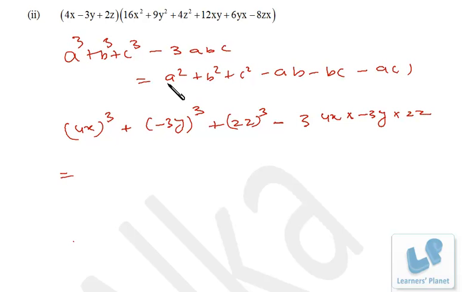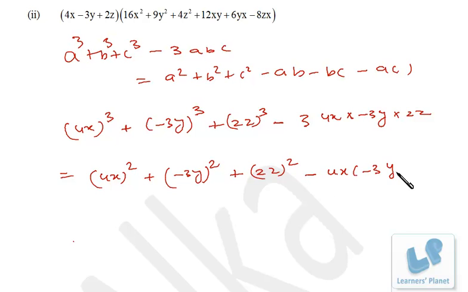Times a square, that is 4x whole square, plus b square, that is minus 3y whole square, plus c square, that is 2z whole square, minus a, that is 4x into minus 3y, minus bc, that means minus 3y into 2z, and then minus ac, that is 4x into 2z, right?